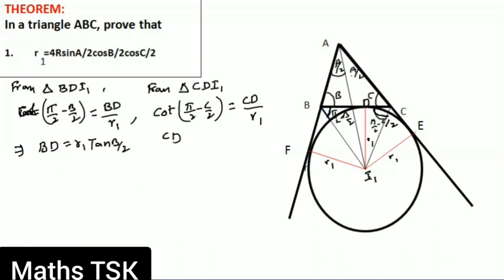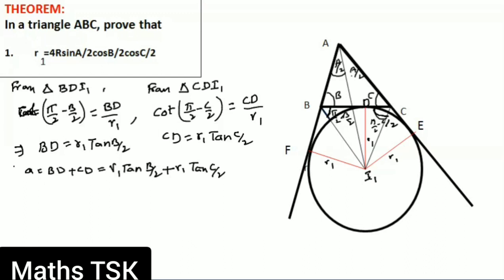And CD is equal to R1 tan C by 2. We know that A is equal to BD plus DC, which is R1 tan B by 2 plus R1 tan C by 2. Taking R1 common, R1 is equal to A by tan B by 2 plus tan C by 2.